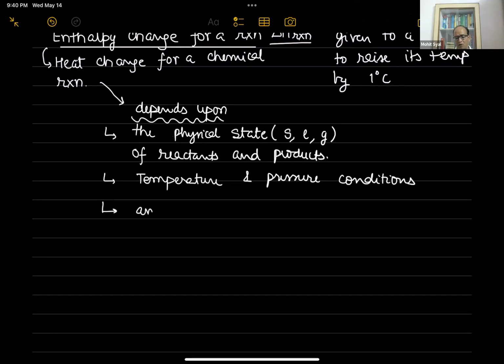It depends upon the amount of substance. Surely the heat liberated by burning 1 gram of methane and 1 kg of methane will not be the same. Amount or moles.